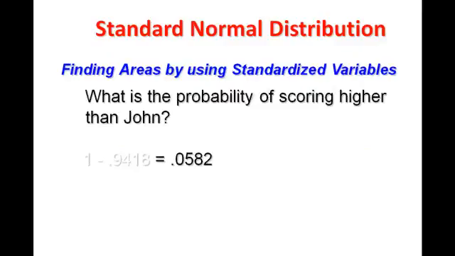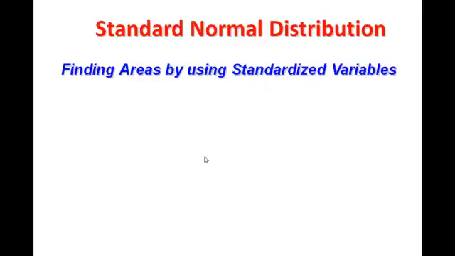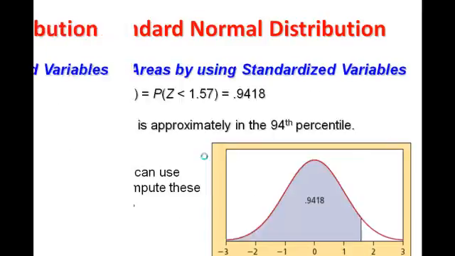And I've asked you this other question. What is the probability of scoring higher than John? Well, the probability of scoring higher than John is 0.0582. How in the world do you get that? Well, let me go back a slide or two.